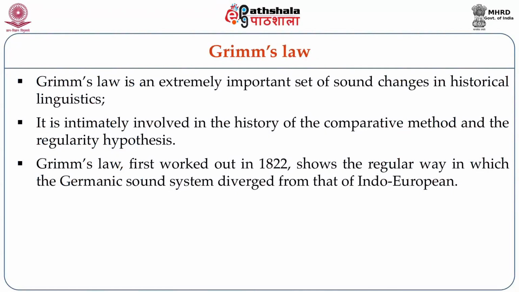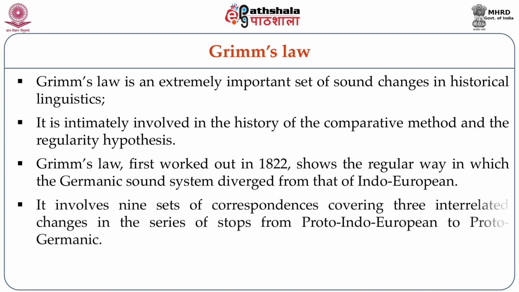Grimm's law, first worked out in 1822, shows the regular way in which the Germanic sound system diverged from that of Indo-European. It involves 9 sets of correspondences covering three interrelated changes in the series of plosives from Proto-Indo-European to Proto-Germanic.